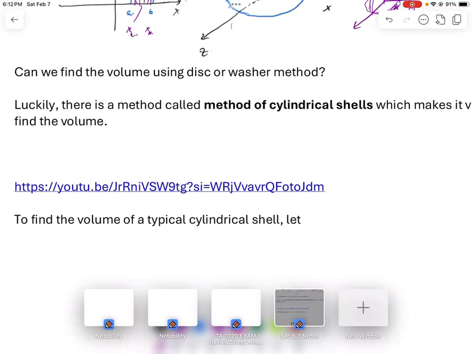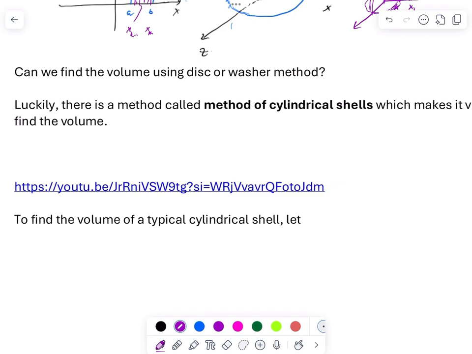Okay, so how do we find the volume of a typical shell?